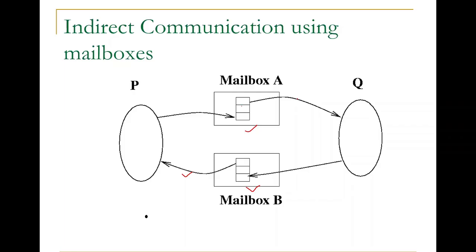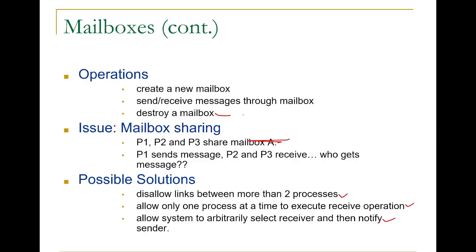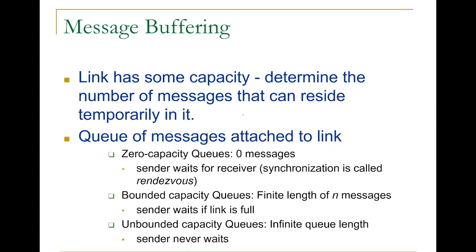Let's say in this situation you have different mailboxes for different processes, all of them in one link. You have to allow only one process to come at a time and pick its own message, so two do not receive it at the same time. Only one will receive notification of its own message.